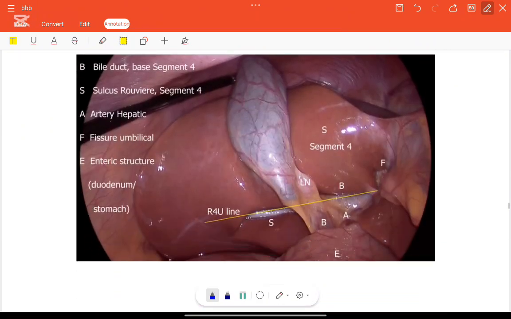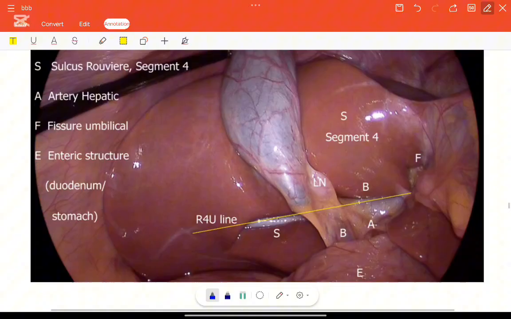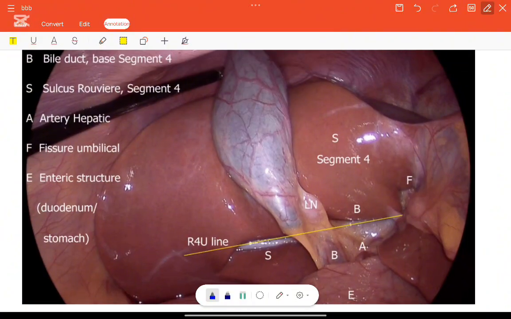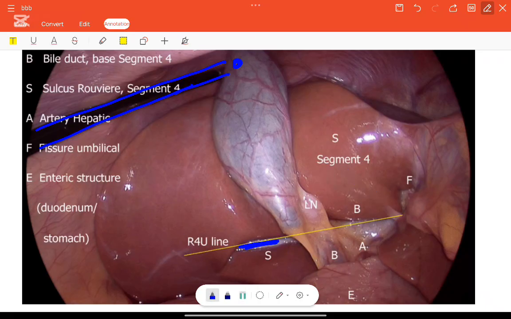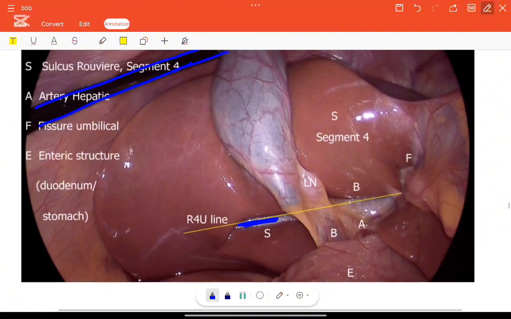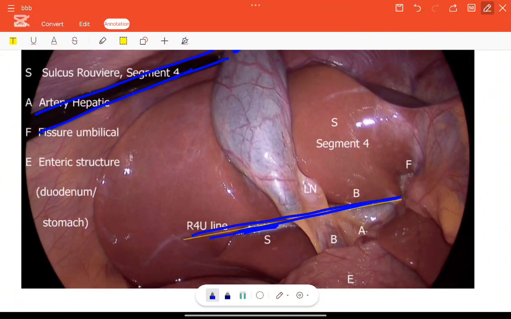But laparoscopically, that's the laparoscopic view. Now, what's happening? That's the grasper. The surgeon holds the fundus of the gallbladder and moves it up so that the liver is everted like that. So what we are seeing here is the visceral surface of the liver after the liver has been retracted superiorly. Laparoscopically, this is Rouviere's sulcus, and that's the line with it.